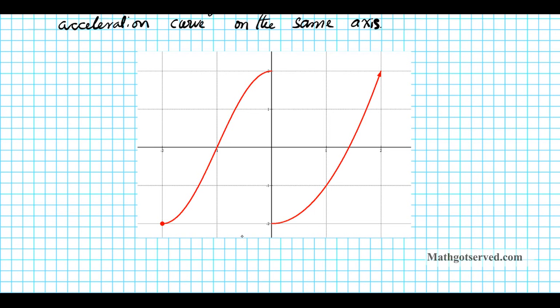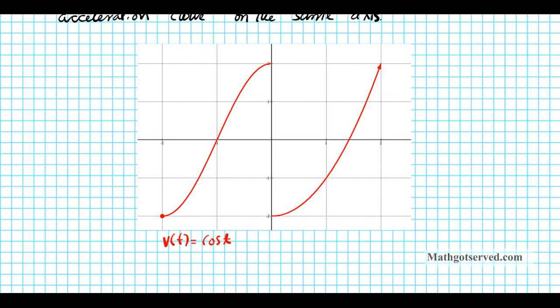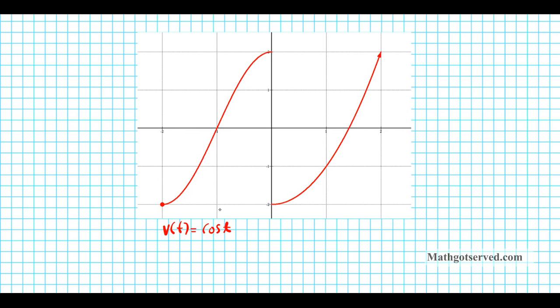Okay, so let's just call this a cosine function. So v of t is equal to cosine t. This is not being 100% precise. I'm just going to act as though this is your standard cosine function. All right, so on this interval to the left, this is an equation that models the behavior of the curve.